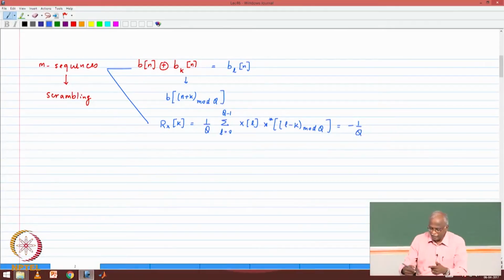Again, these are linked and useful for us to remember because this property comes into play in several places.